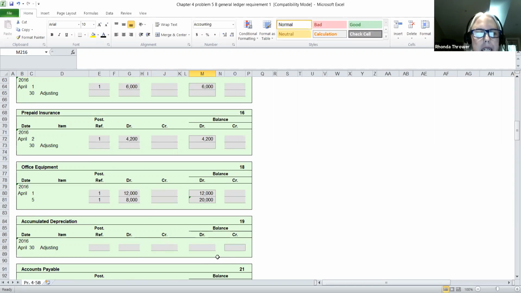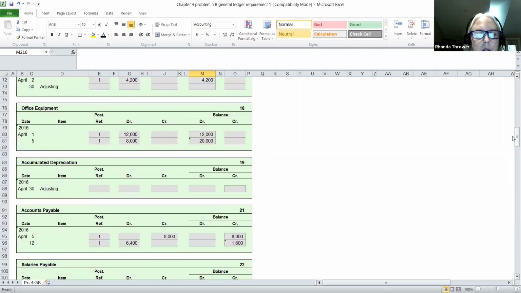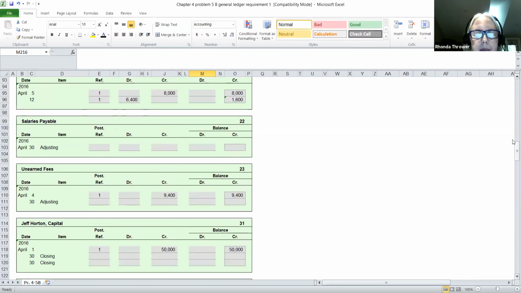That's because we haven't prepared adjusting entries. So the next account balance I would pick up is the balance in my accounts payable, and it's got a $1,600 credit balance.